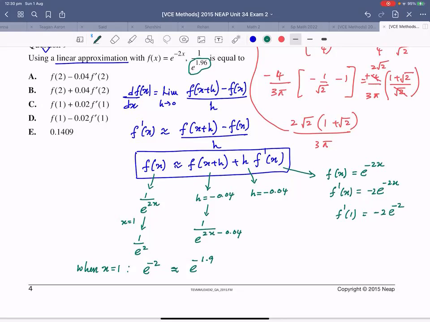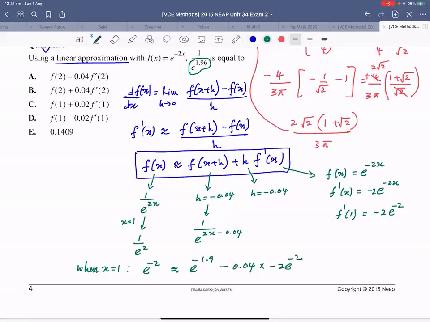H would be 0.04. F dash x would be minus 2 e to the minus 2. I hope you understand.